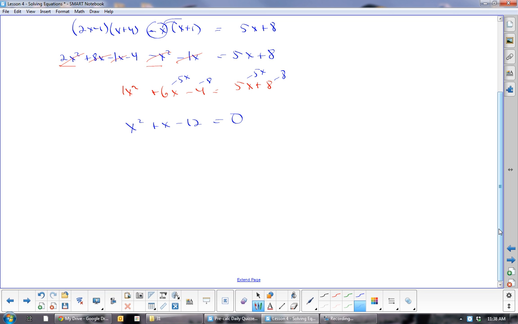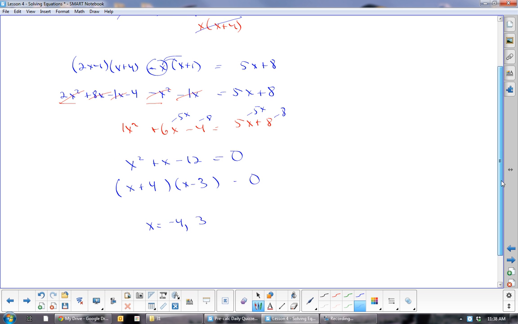Two things that add to give me 1 and multiply to give me negative 12 would be 4 and 3. So x equals negative 4 and 3.